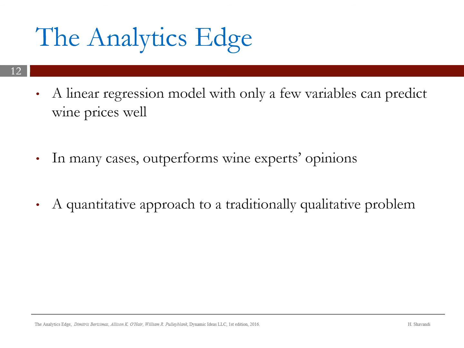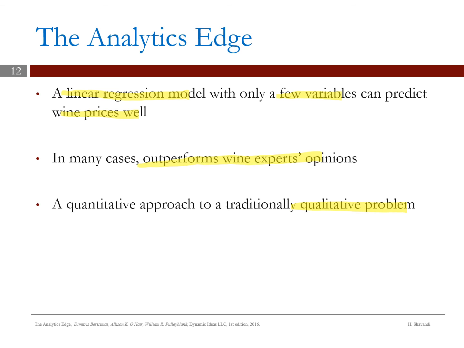So to wrap up, we see the analytics edge here. Having a linear regression model with only a few variables can predict wine prices well, and in many cases, it outperforms the wine experts' opinions. Previously, obtaining the quality of wine was a qualitative problem.